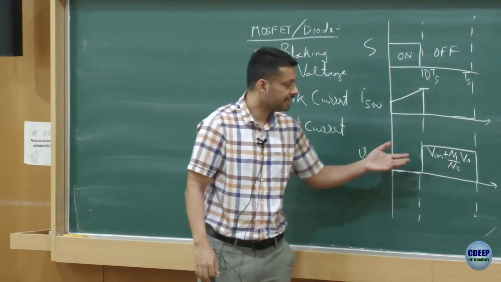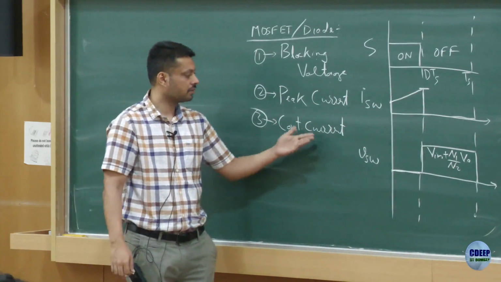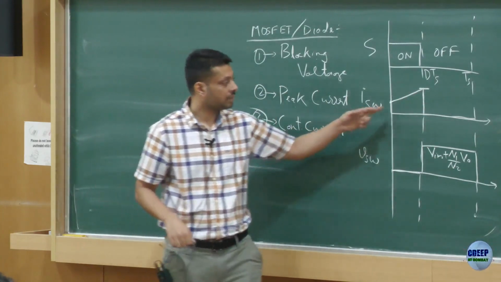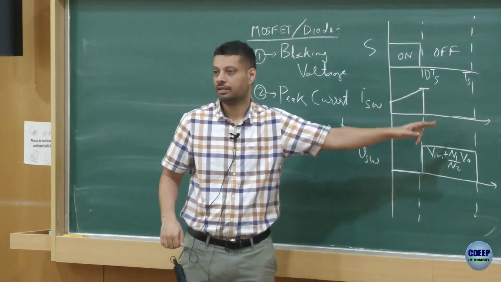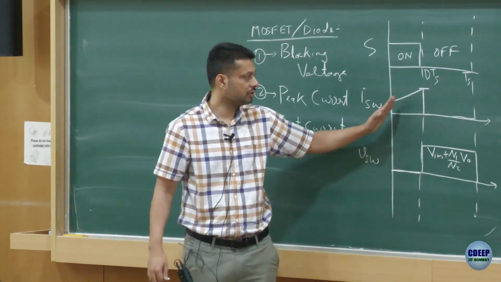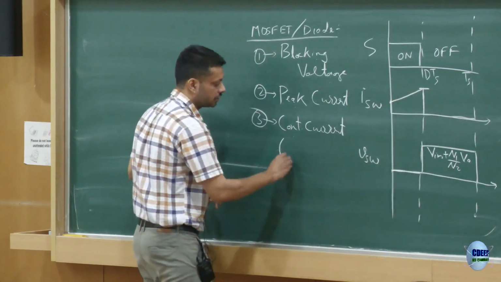So you usually find the RMS value of this current, and that becomes the continuous current rating of the device you are looking for. I am not doing the RMS definition, I assume you know that. So you can find the RMS value of this waveform, and this is what feeds into the continuous current.